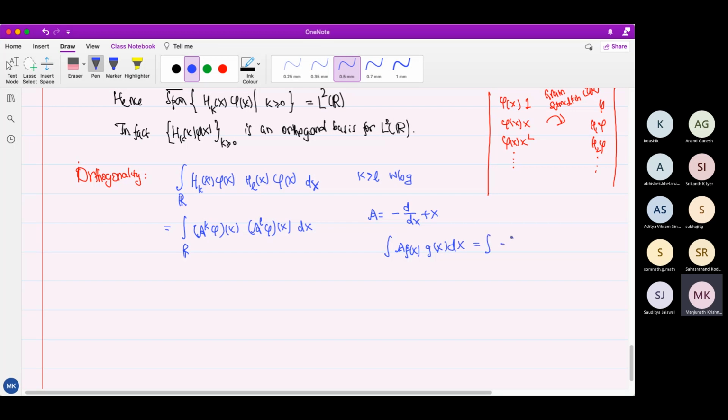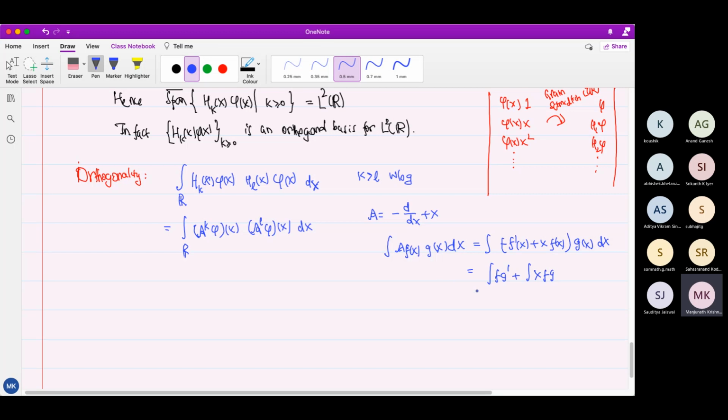That is the integral of minus f dash of x plus x f of x, into g of x dx. Everything is vanishing at infinity and so on. So when you do that, you will get f g dash, with the negative going away, and the second one will be just x f of x g of x.